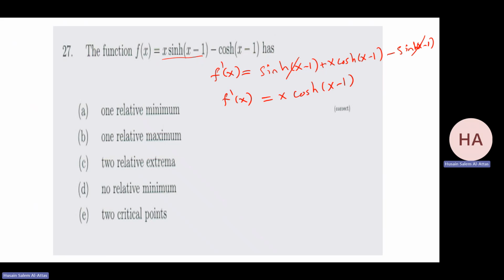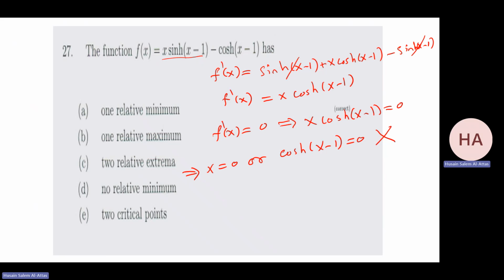Okay. I want to check when f prime is equal to 0. So I'm getting x cosine hyperbolic x minus 1 equal to 0. x equals 0, or cosine hyperbolic x minus 1 equal to 0. This is impossible because I know cosine hyperbolic is from 1 to infinity. So I have only x equals 0.